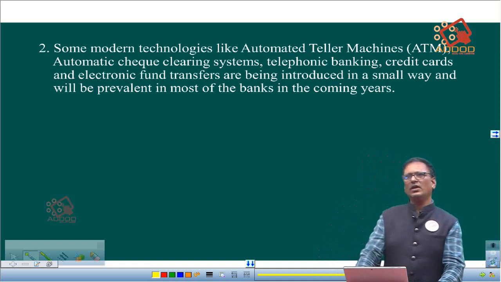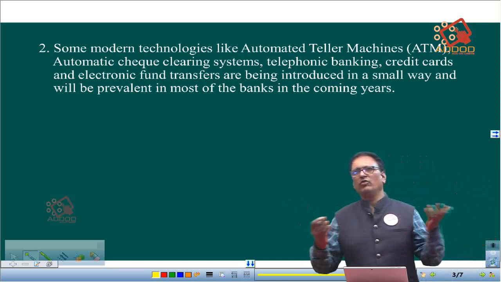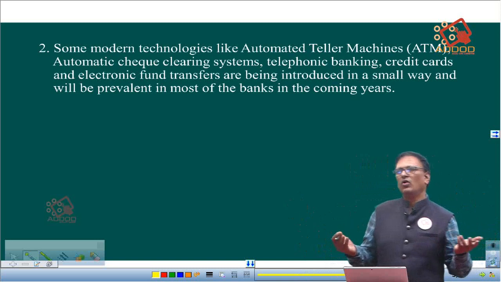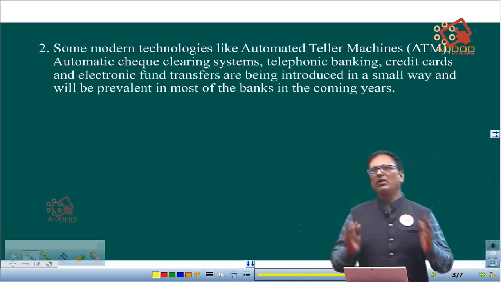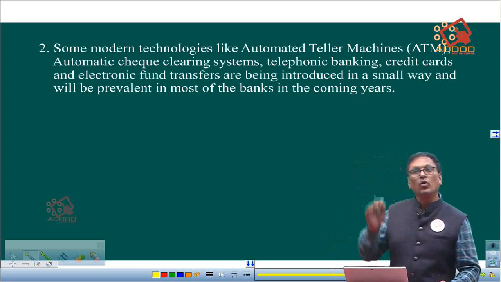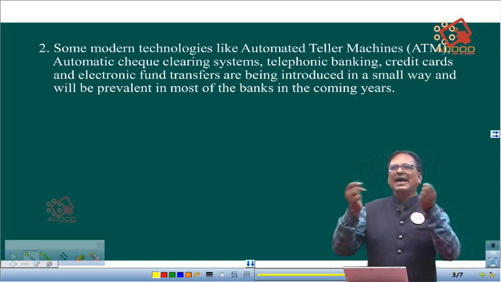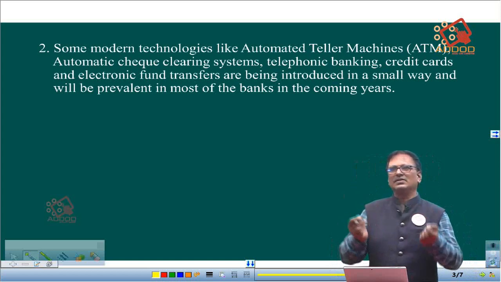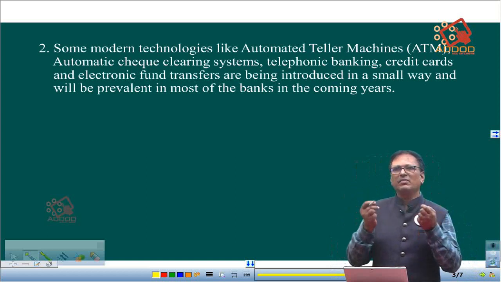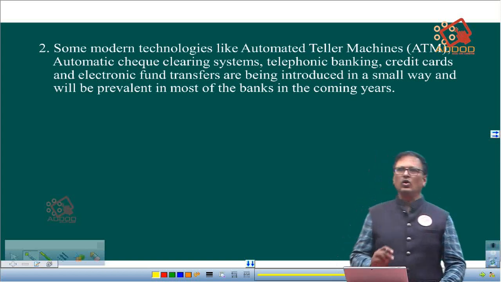What is the security? If you carry cash, we don't know whether we will reach home. In between, somebody may rob us. That kind of problem will not be there because of this technology. So the reason for creating this kind of technology has been this. The reason behind improving this technology is again security. Look at that.